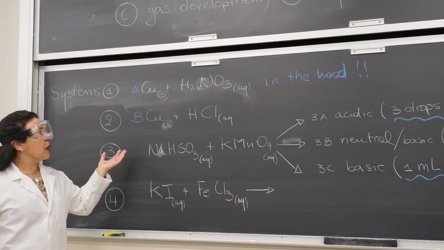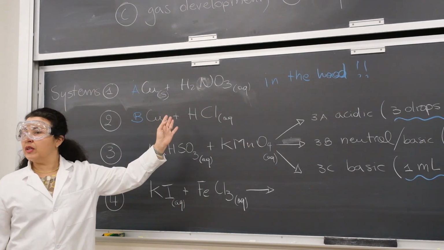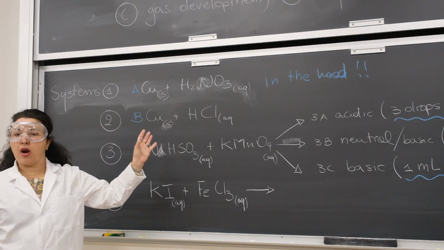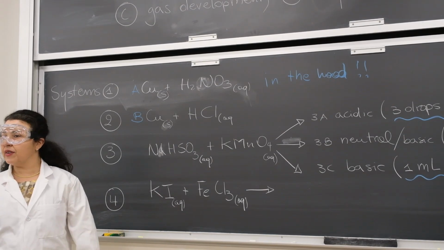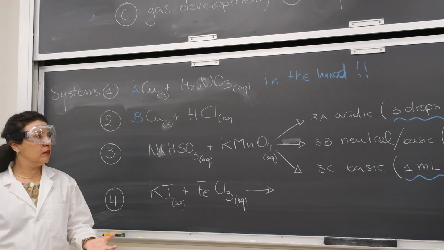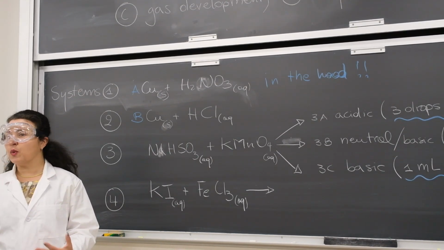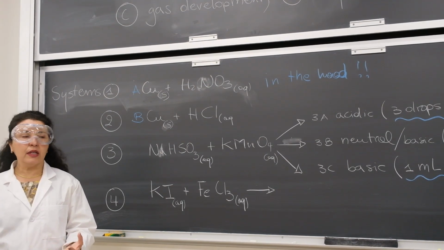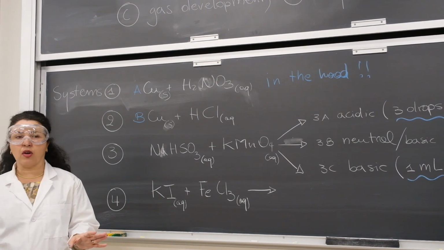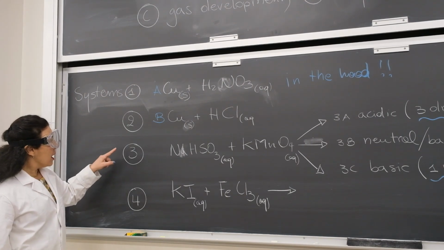What we want to observe is, if we're working with two different acids that are both strong, will we see any difference in the outcome? And if there is any difference, what is it? So pay attention. This experiment is all about observation.